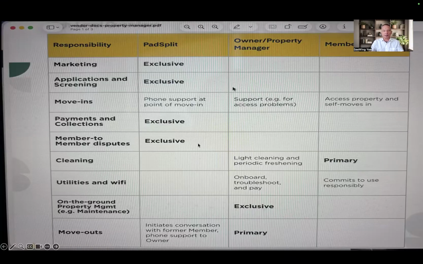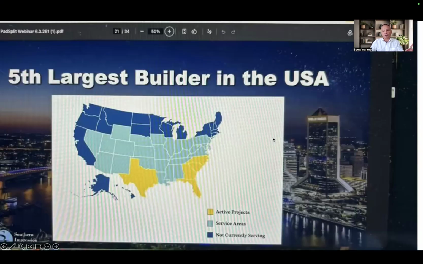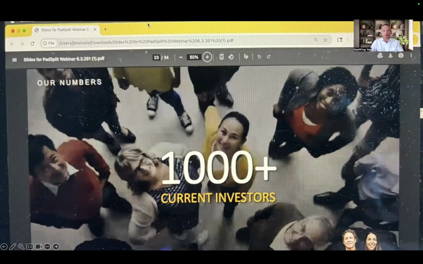And of course, this is the responsibility of a host landlord. I highly prefer you use PassSplit as a marketing tech platform and use a co-living property manager so they can do all the work for you, the whole nine yards. And of course, we partner with one of the largest builders in Florida and Texas to build the co-living new construction homes for you. This builder has been around for years and years.